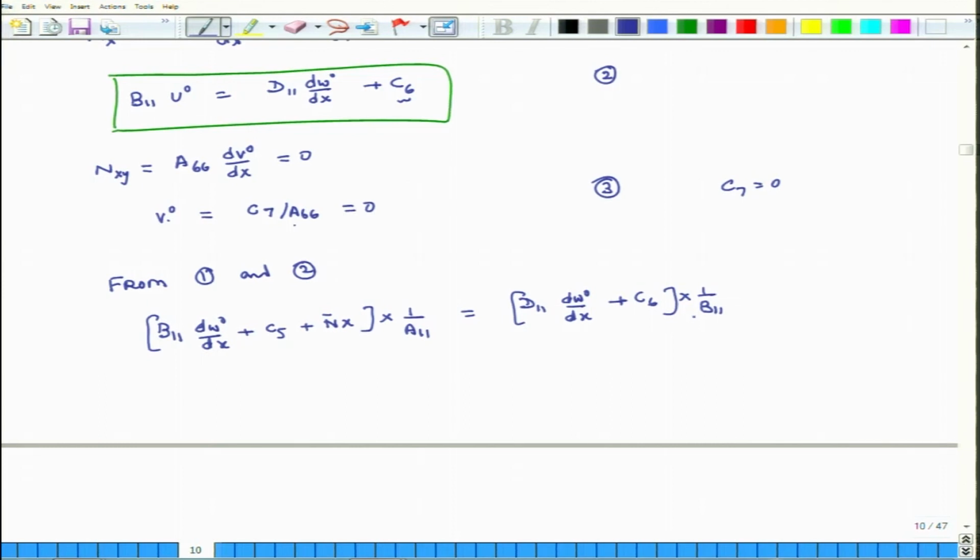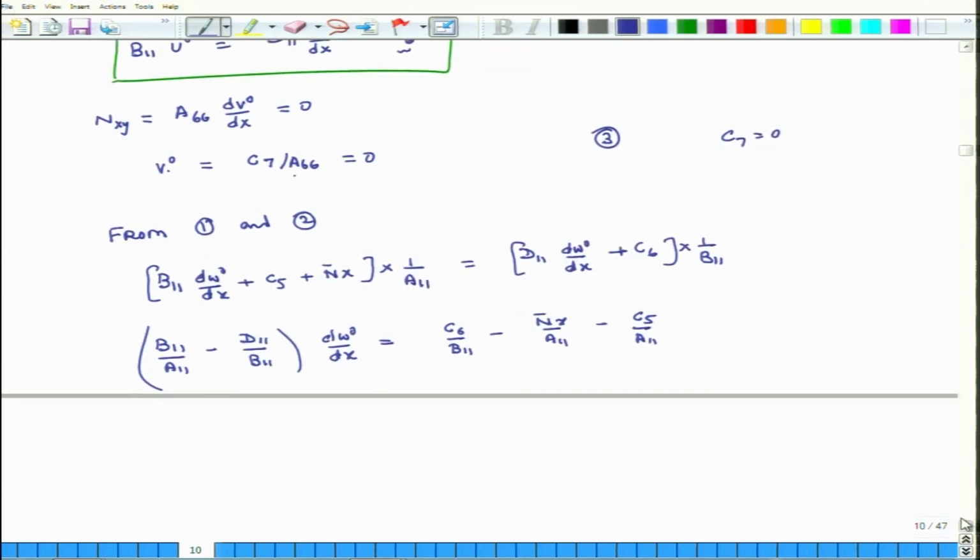If I rearrange this equation, what I get is (B11 minus B11 over A11 minus D11 over B11) dw naught over dx is equal to C6 over B11 minus N bar x over A11 minus C5 over A11.